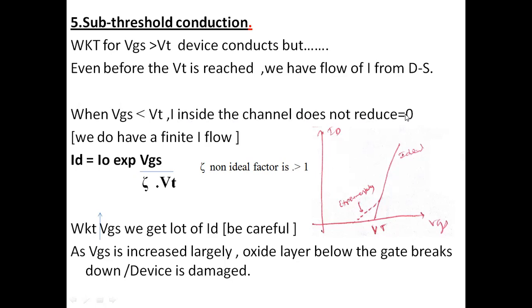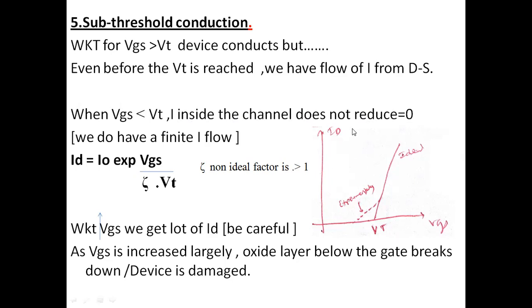Ideally, if the threshold voltage is not achieved, I should expect absolutely zero current flowing in the channel. But that will not be the case. Even though we have not increased the voltage to exceed the threshold voltage, I can still expect a small current flowing inside the channel.